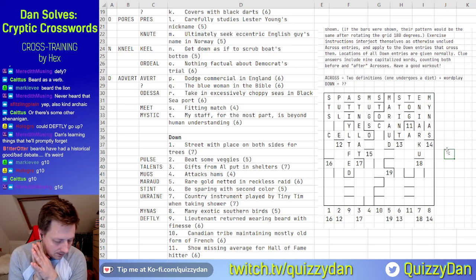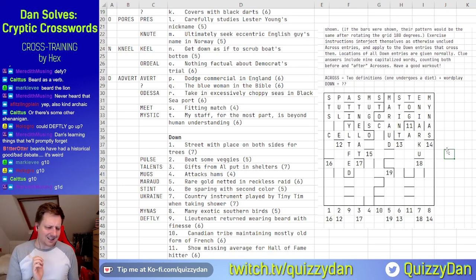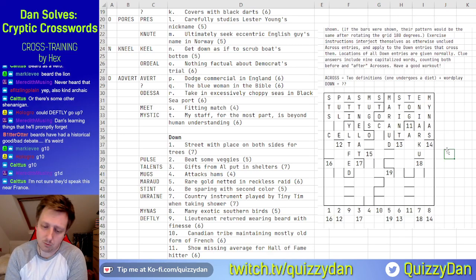I think I'm maybe thinking of Basque, actually, which it isn't. Canadian tribe feels like it's going to be the definition. Oh, hang on. Maintaining mostly old. So we're going to put OL, and then we're going to form of French.